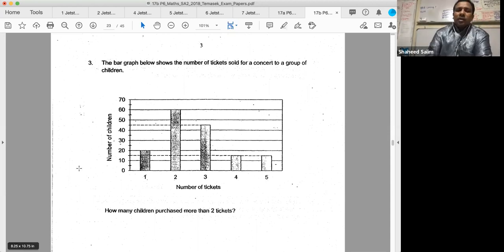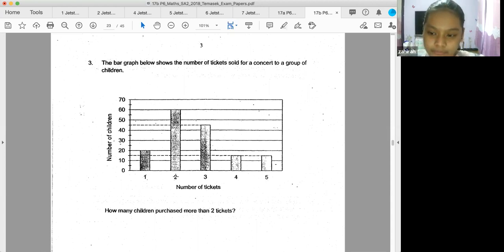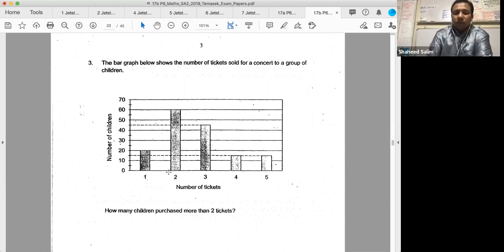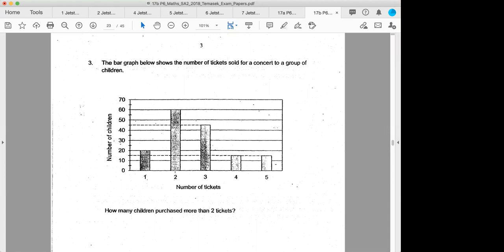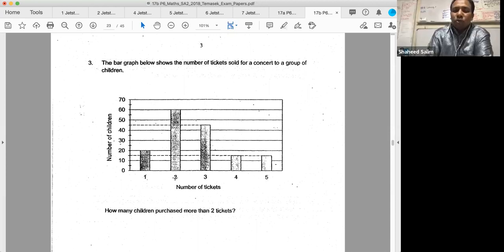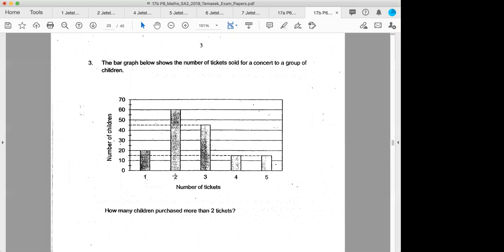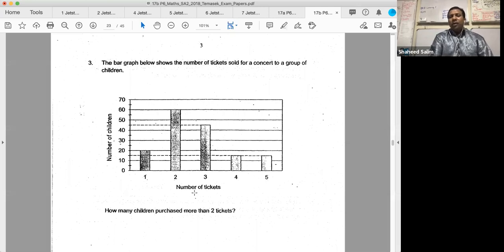You see down here, this is one ticket. You don't count this number. 3, 4, and this is 5. This number is 2. You don't count it. 65 plus 15. They want those who buy more than 2 tickets. 2 is not more than 2. More than 2 is 3. More than 2 is 4. More than 2 is 5.